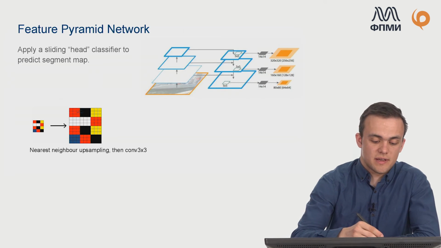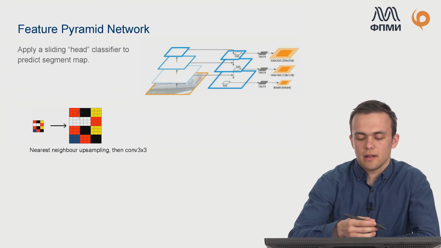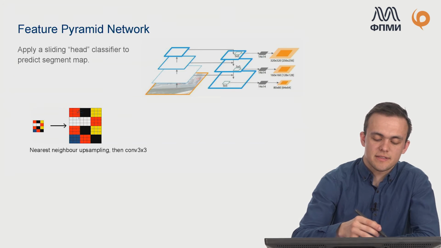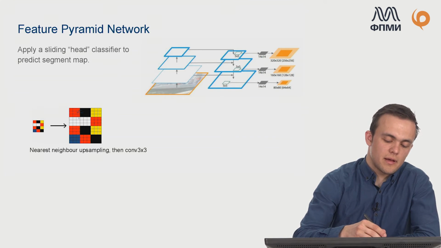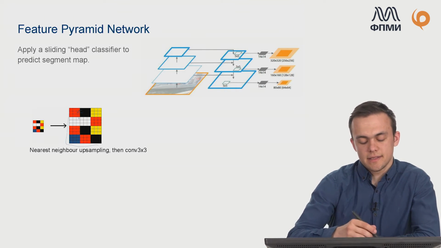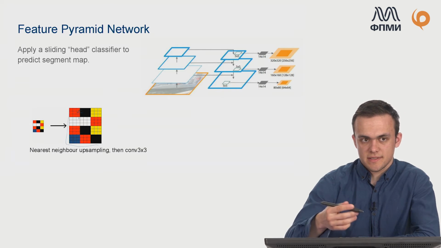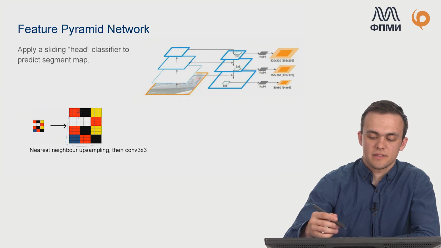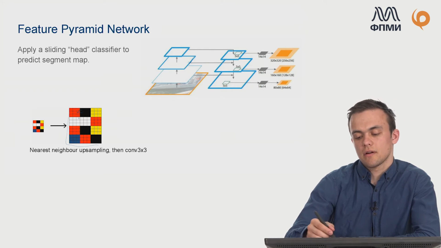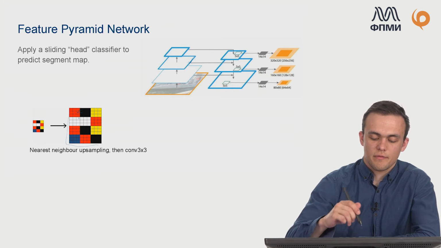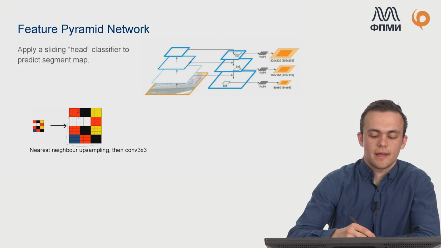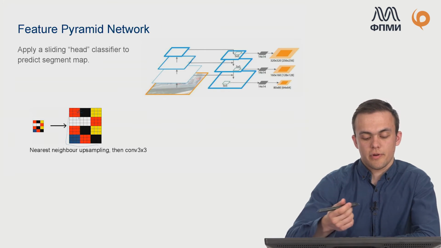Because there are some anti-aliasing effects, they upsample this and add the filters from the previous path, from the original network, and then they do the 3x3 convolution.